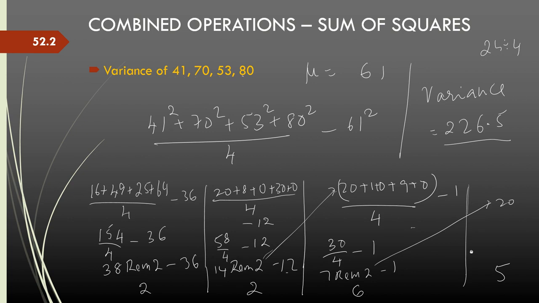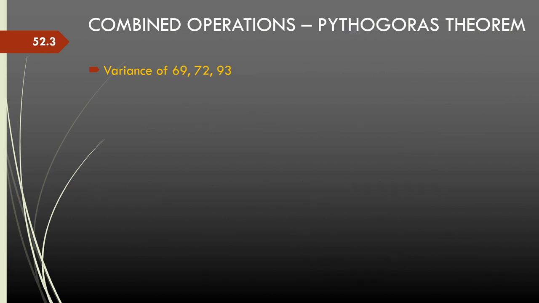Now I'll do one more example just to go through the process again. So if I have 69, 72 and 93, first calculate the average. Start with the tens digits, 6 plus 7, 13, 13 plus 9, 22. 22 by 3 is 7 times, and then I carry forward 20.